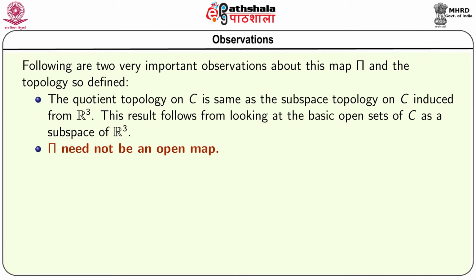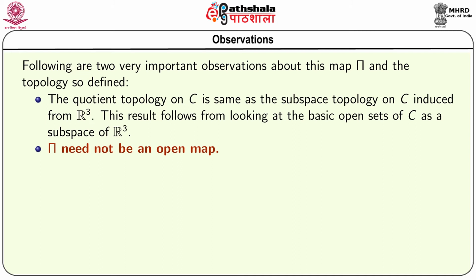The second observation is very important: pi, which we have defined from X to C by mapping the point small x of capital X to the set x bar, which contains the point x, is not an open map.